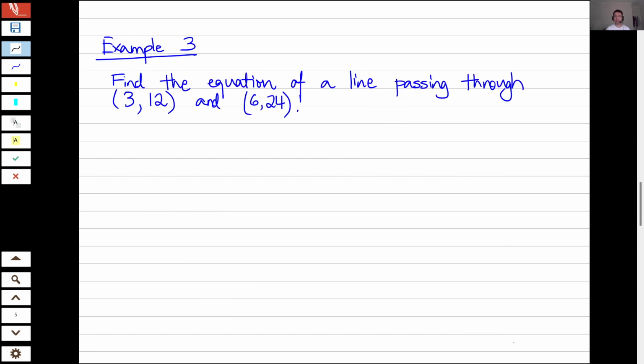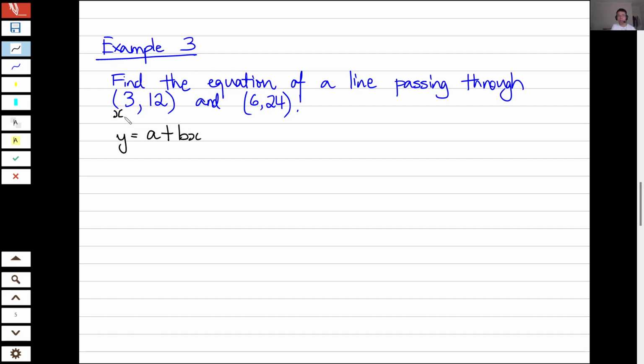Okay, I've got 2 more examples. This time you'll notice I have not given you the intercept. We can't read it off because it's not given, so we're going to have to start this time by finding the slope.